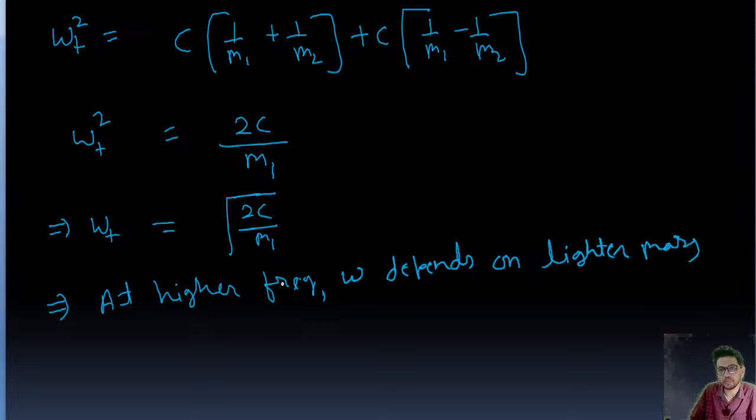You can see only m1 it is dependent. Lighter mass means small mass. So this is in the optical branch we are talking about.